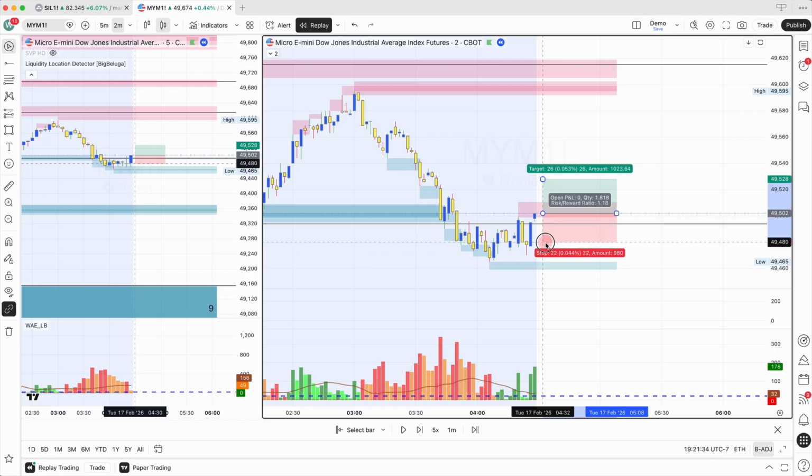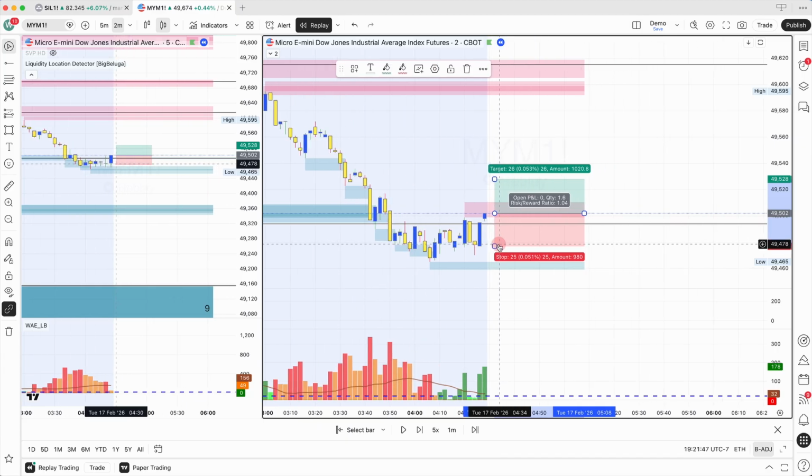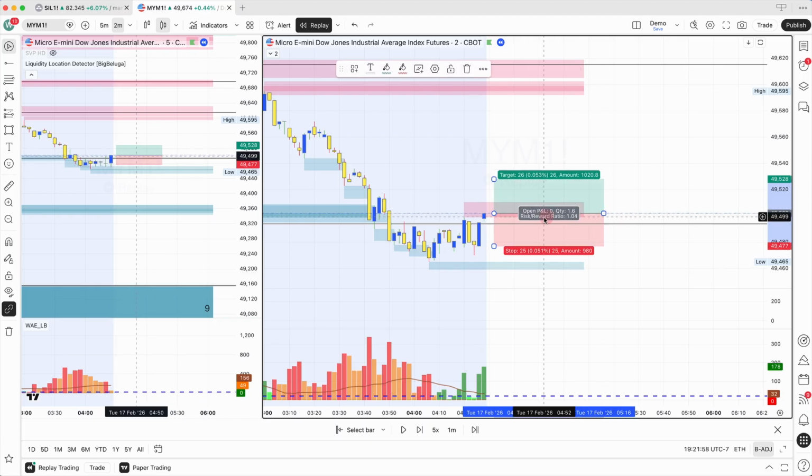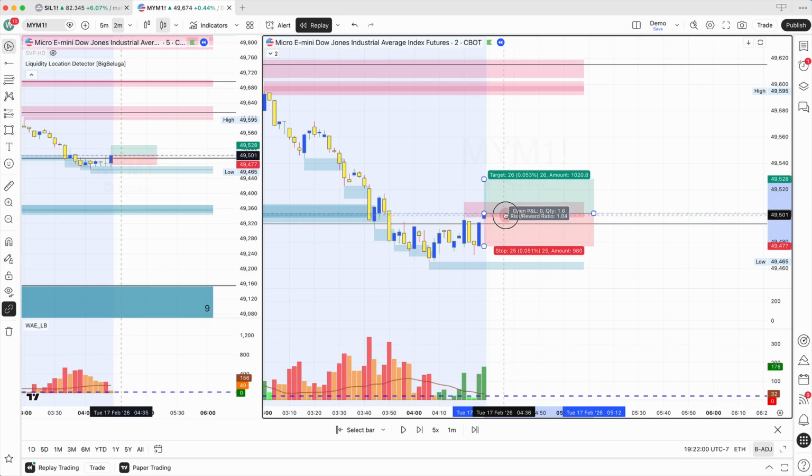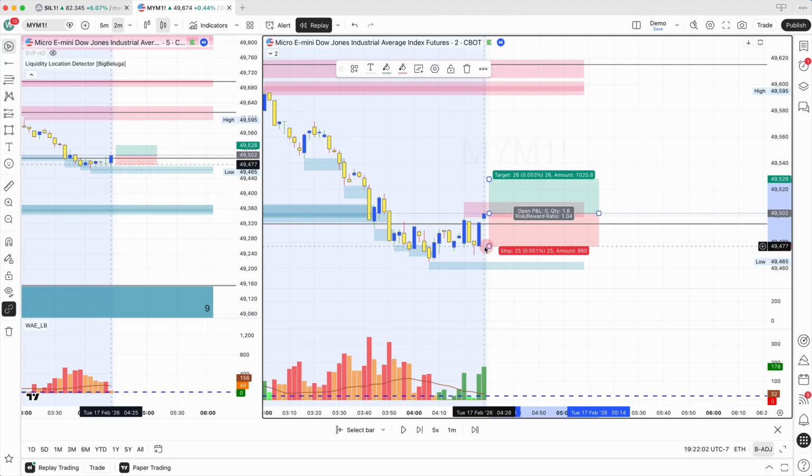I'm going to put my stop loss at the bottom of that last bullish candle, because I don't think price will come back down that far. We will see. Now, what's my target? That's my stop right there.